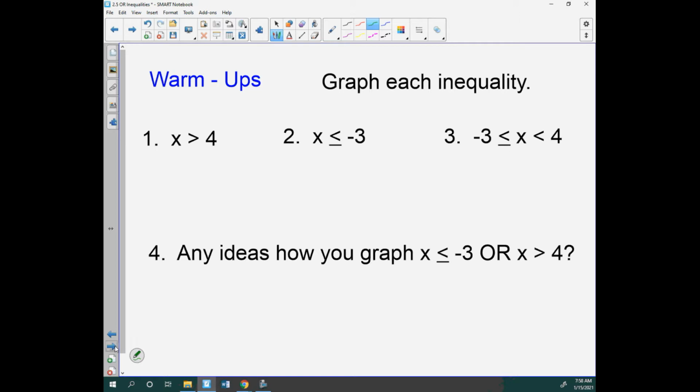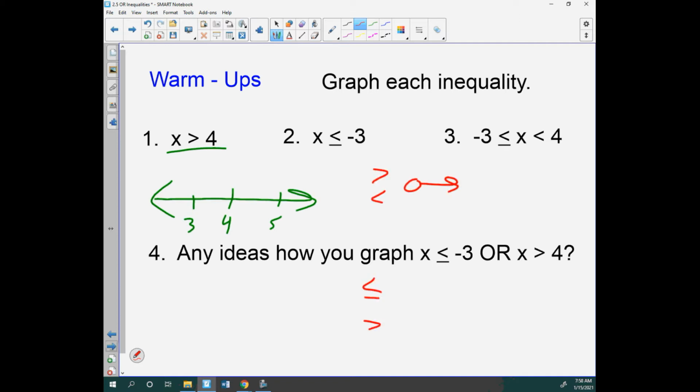So as a quick refresher, for graphing these inequalities, what you would do is put the important number right in the center. You do one more and one less like that. We'd have to remember how we have our circles: less than and greater than are open circles, and less than or equal to, greater than or equal to would be closed circles, right?